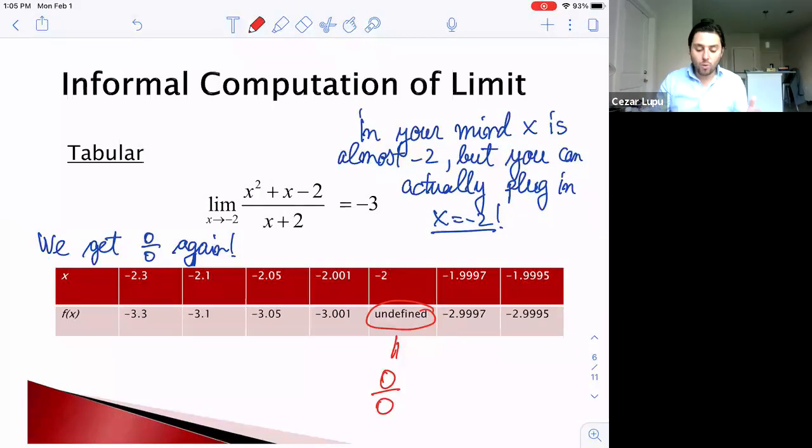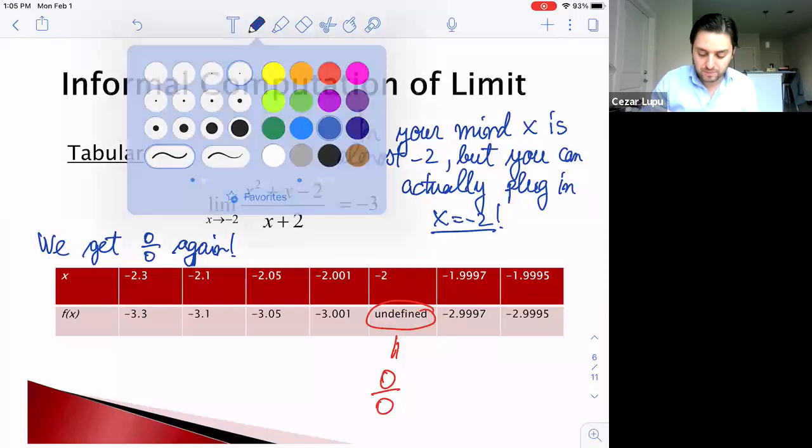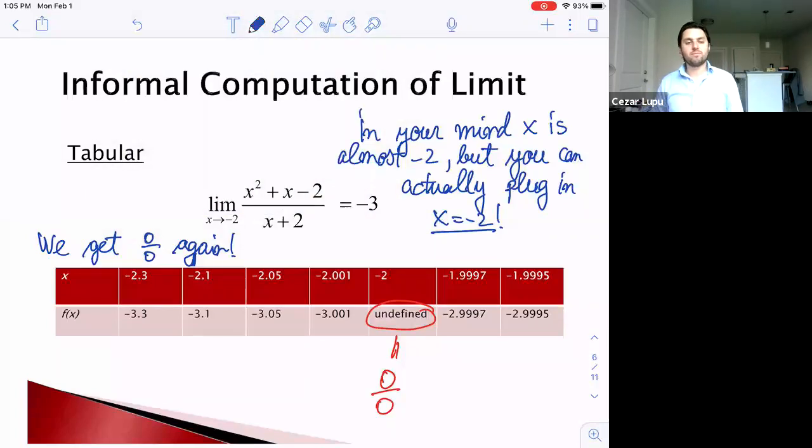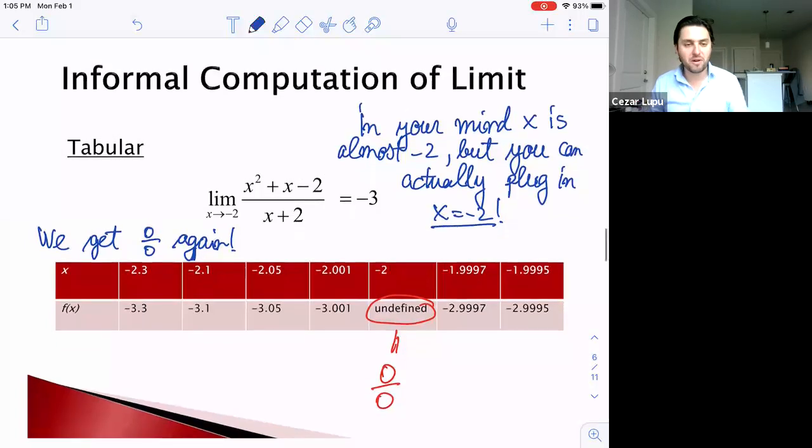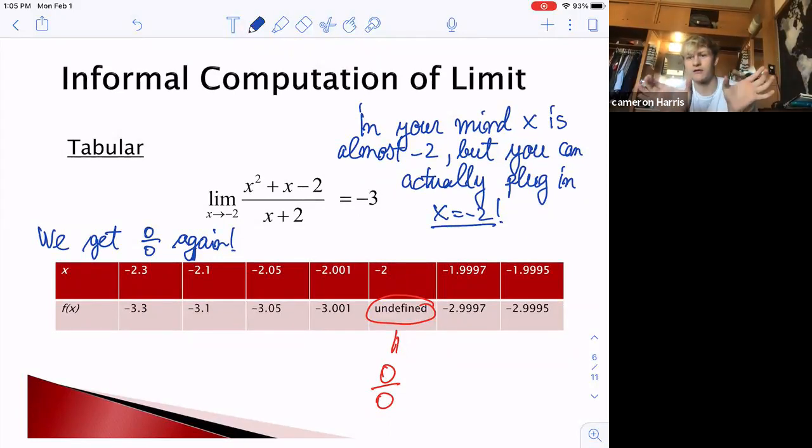Okay, and now, how would we actually compute this limit? So let's see some rigor now. Cameron said, yeah, you factor it and it'll be x minus 1 and then x plus 2, and then you cancel and then it's just x. Exactly.